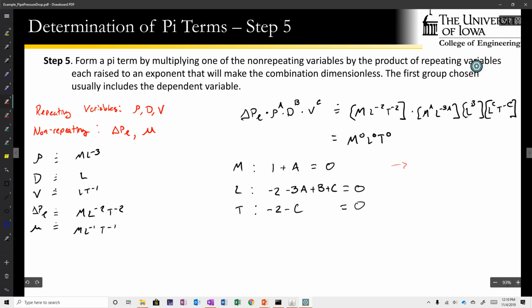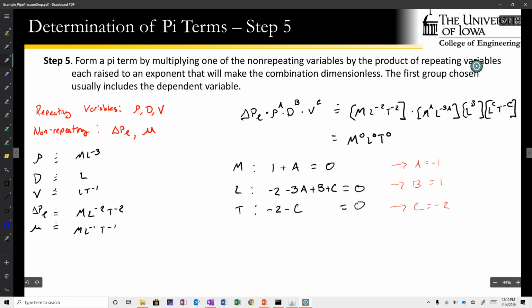Well, clearly A has to be equal to -1. Over here, C has to be equal to -2, just by inspection. And now if we plug those in over here, we'll find that B is equal to 1.